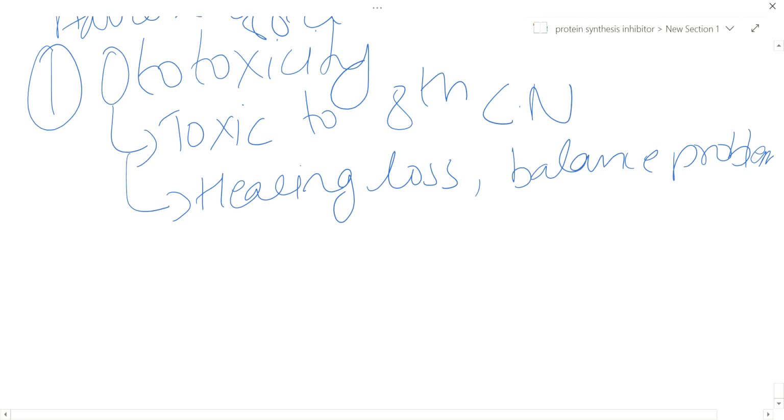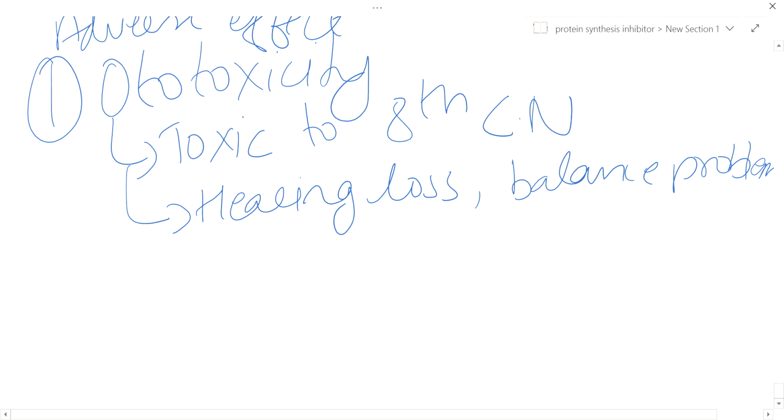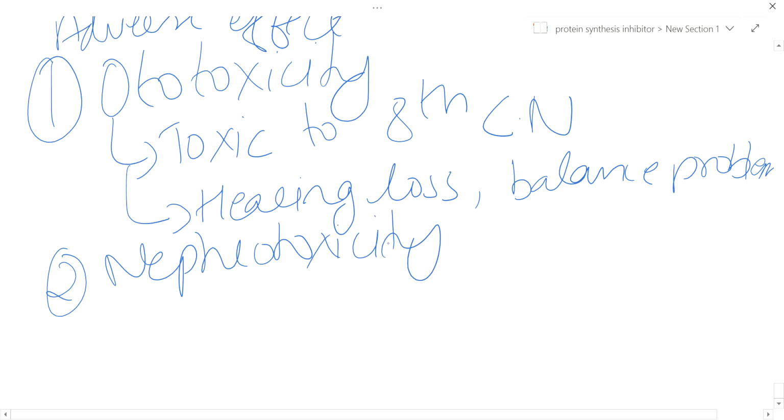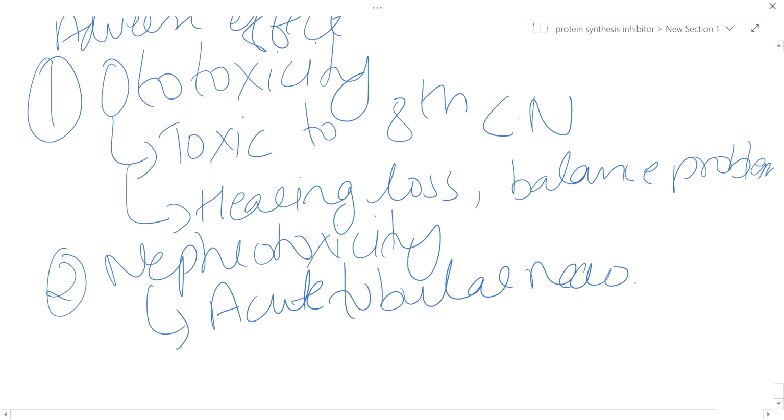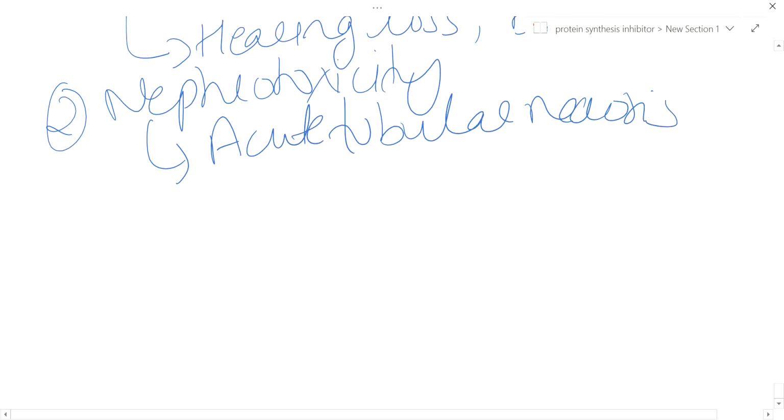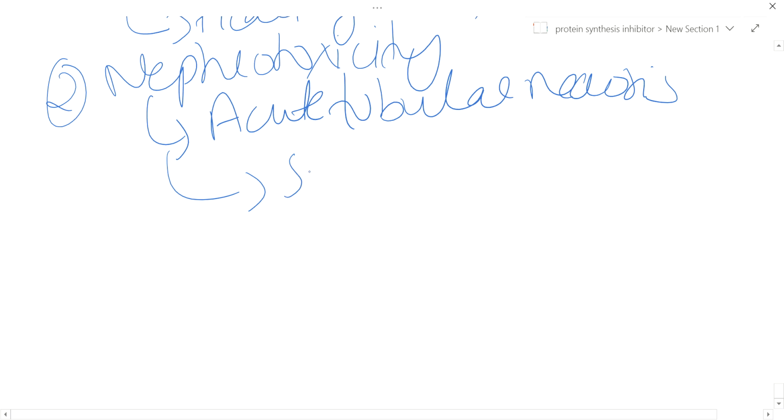Another side effect is nephrotoxicity. It causes acute tubular necrosis, so your serum creatinine level will increase.